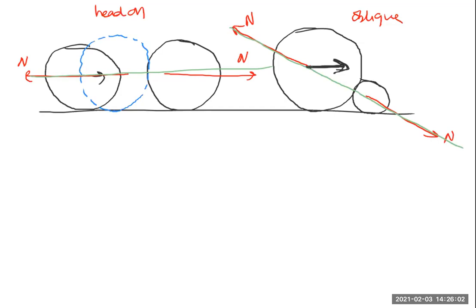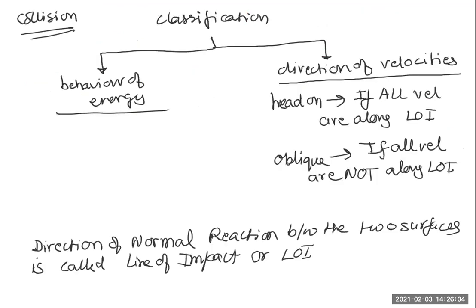Now when a collision happens, right, what happens is that kinetic energy is converted into potential energy. Okay, where this potential energy is stored and how that happens, I will tell you later on.